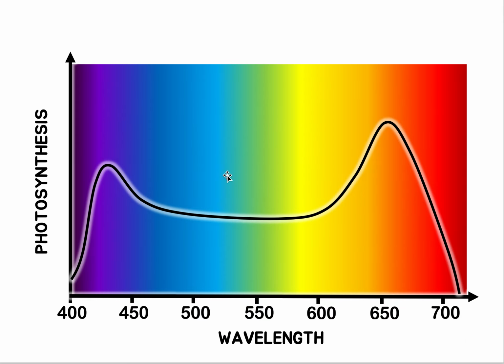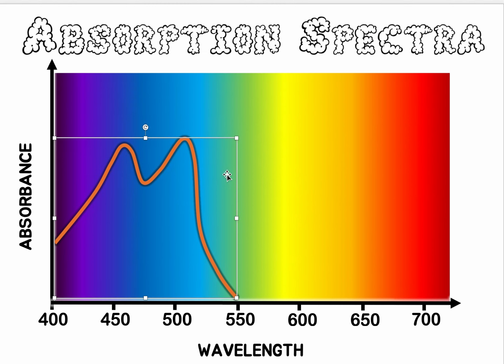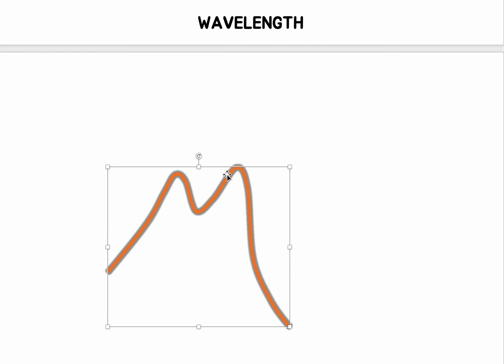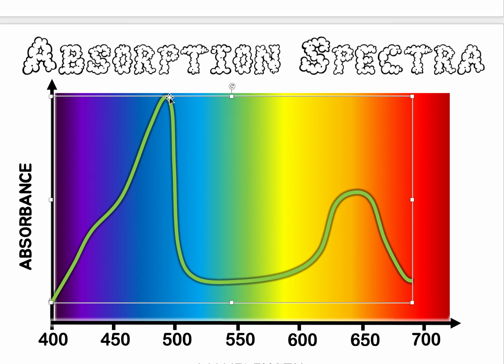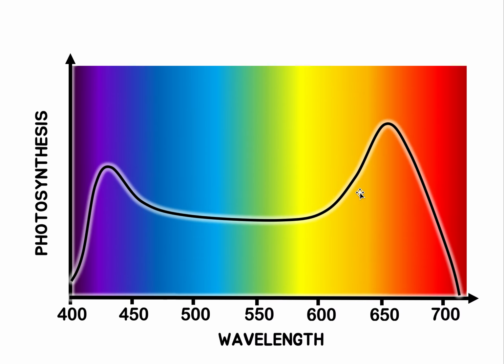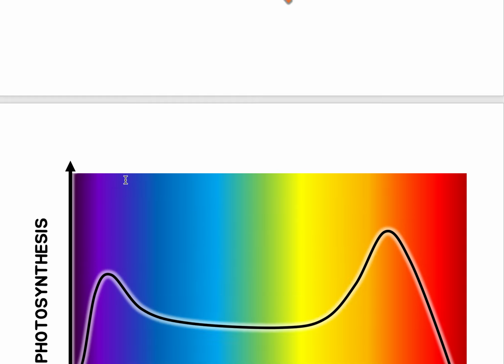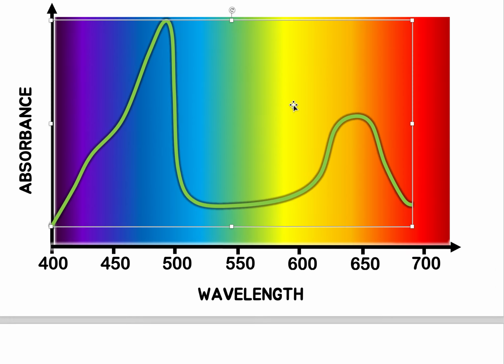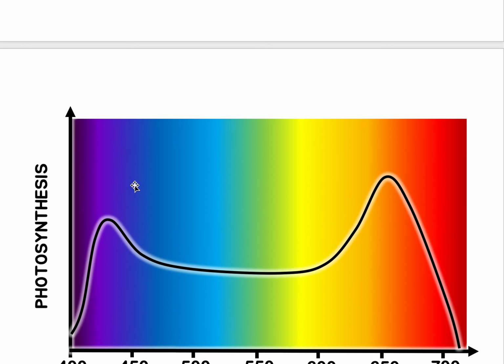Remember how we saw before that blue light and red light were the best absorbed. Notice here, this is a little curve showing the rate of photosynthesis and wavelength. Notice that the two areas that are the best absorbed in this graph correspond to the two areas that do the best photosynthesis, right?